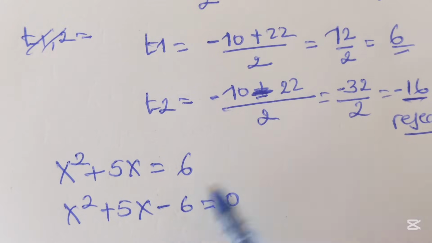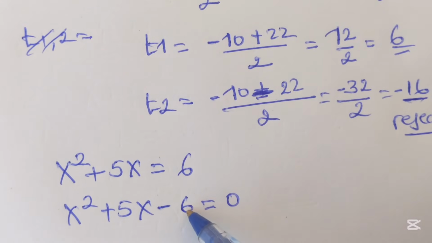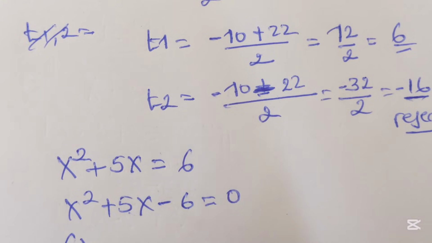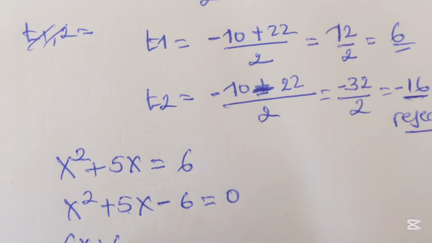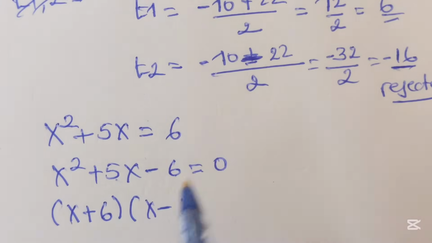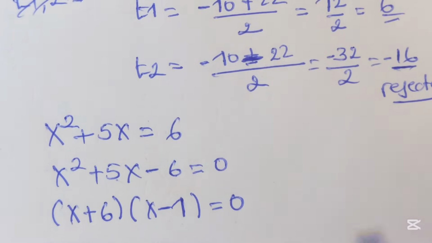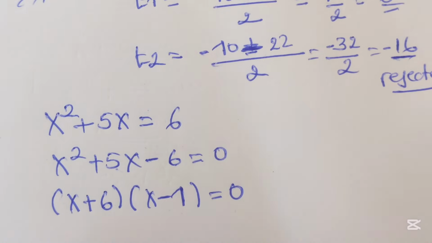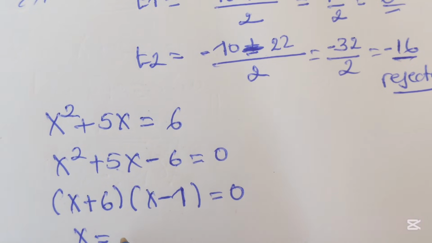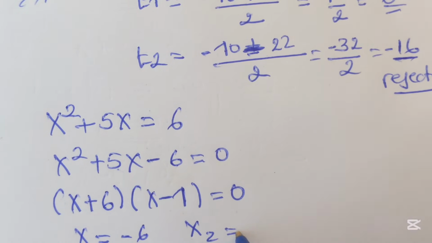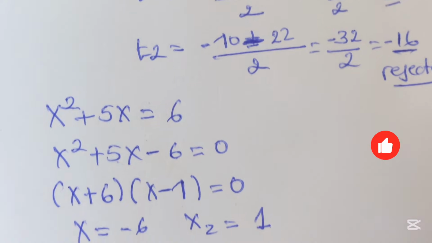Here we have to find two numbers that multiply to get negative 6 and sum to positive 5. Here we can get (x+6)(x-1) equals 0. Of course, here x1 will be negative 6, and x2 will be 1.